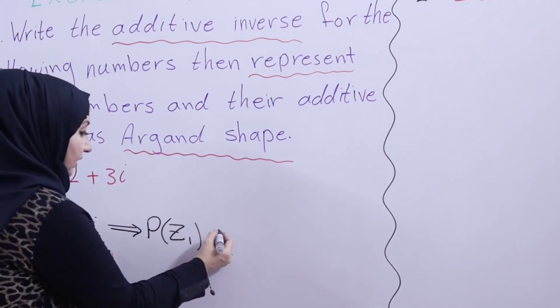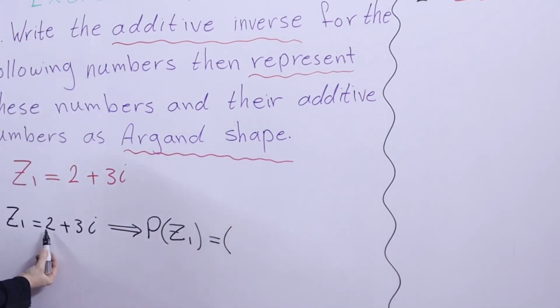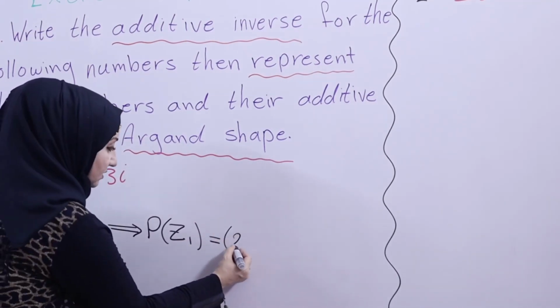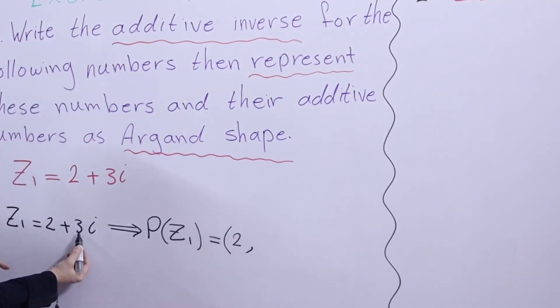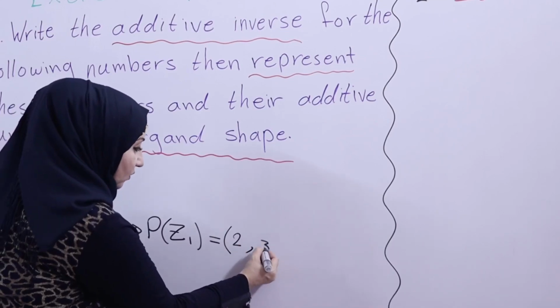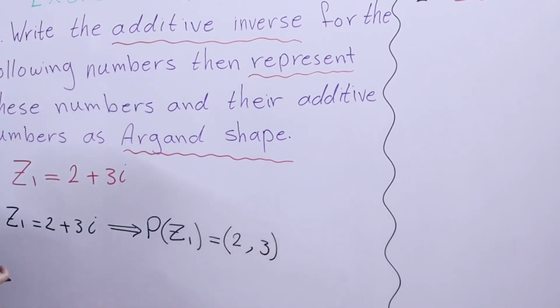It will be the real part will be the x coordinate and the imaginary part will be the y coordinate.